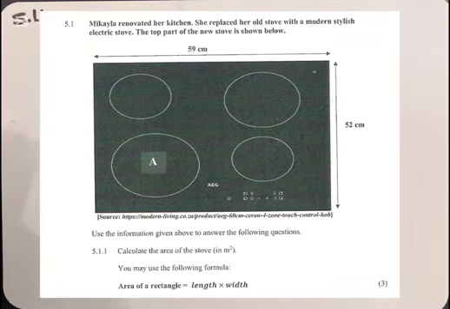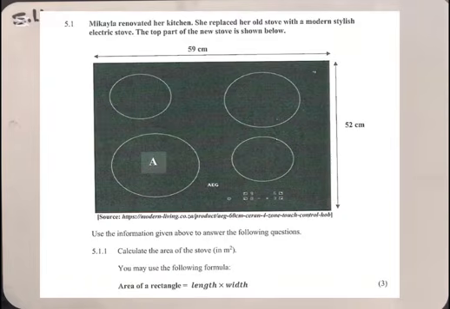If you look at the dimensions here, we can see that we are having 59 centimeters as our length, 52 centimeters as our width. And then use the information to answer the following question. The first question, calculate the area of the stove in meters squared. You may use the following equation, length multiplied by width.